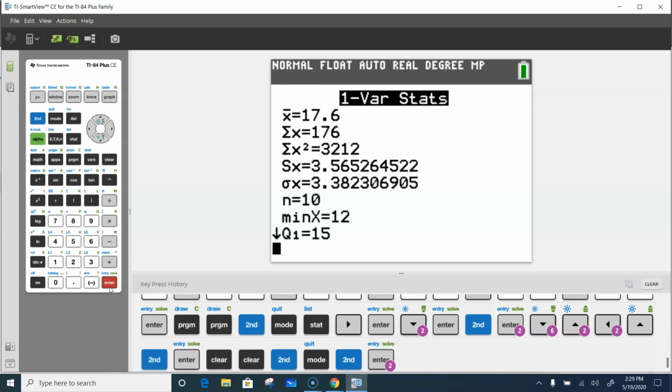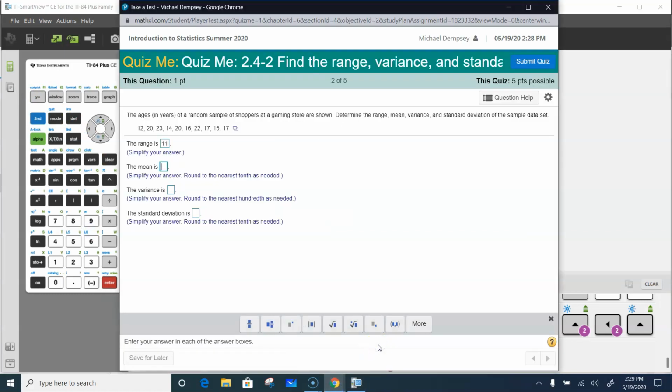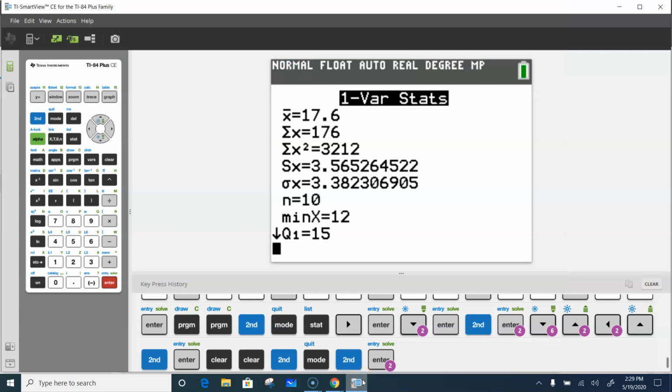Bring that back up again. 17.6. The variance, not sure that they give that to us, but our standard deviation is 3.3823, so our variance is 3.3823 squared.